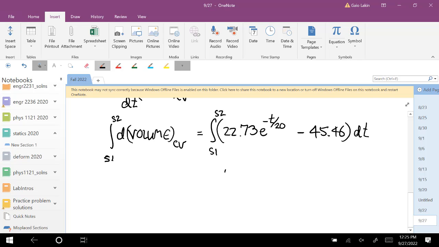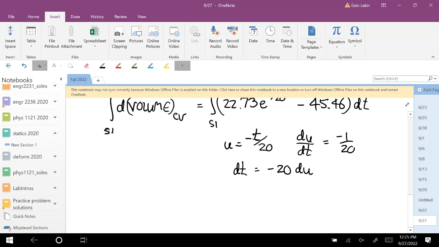A u substitution for this, so if I go u is equal to negative t over 20, du/dt is negative 1/20. So dt is negative 20 du.